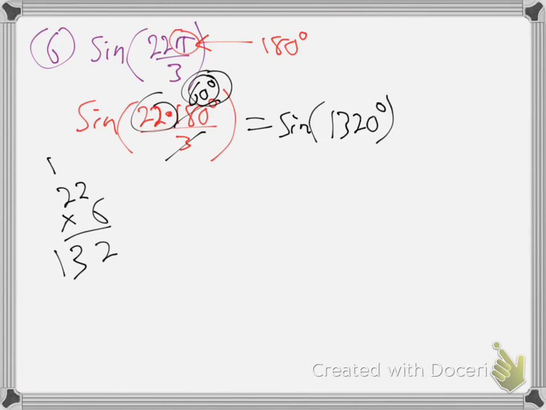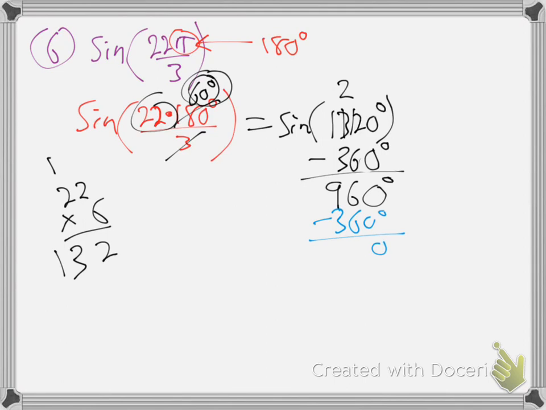A bunch of them probably. We've got to do this by hand, a little painful. So 1320 minus 360: borrowing and all that, 12 minus 3, 9. 960. Minus 360 again, that's 600.